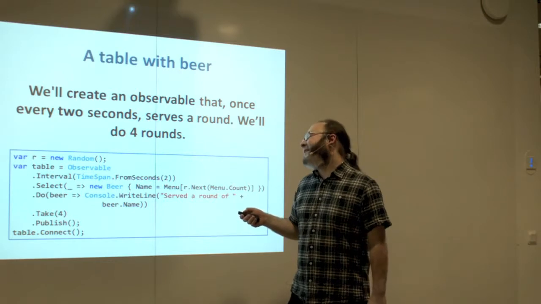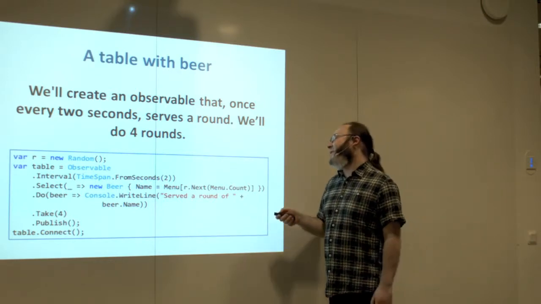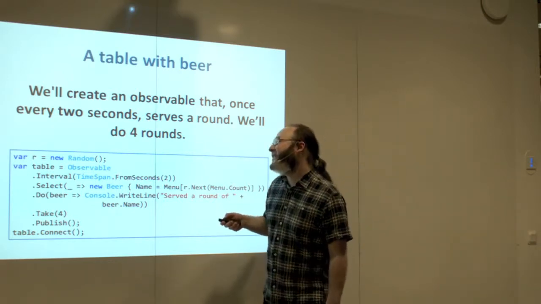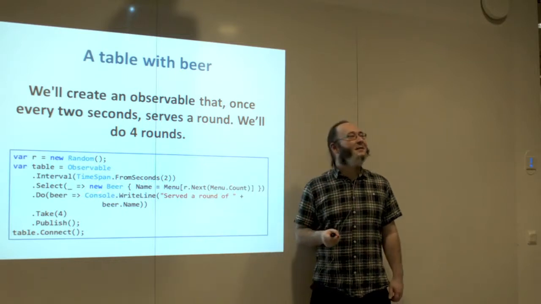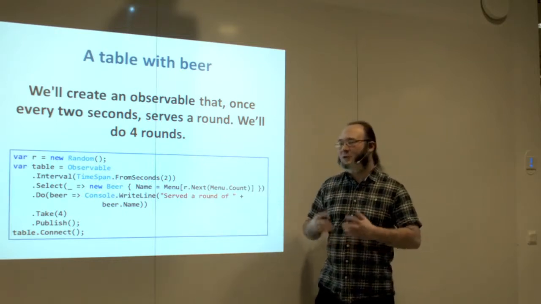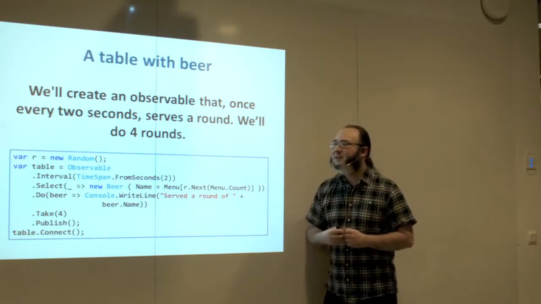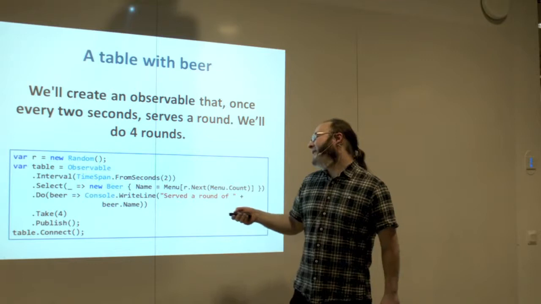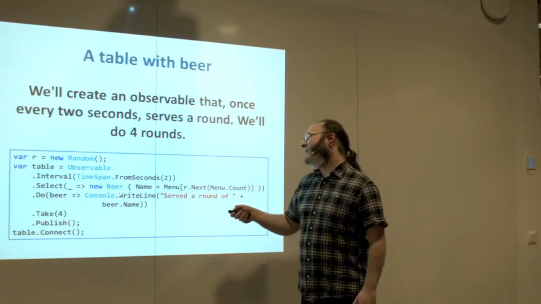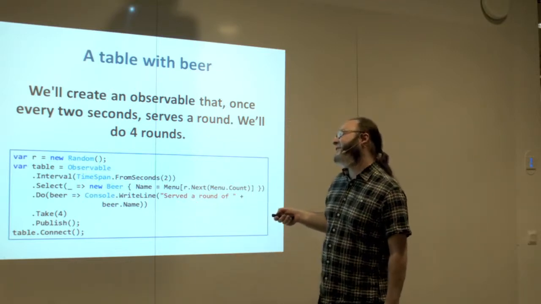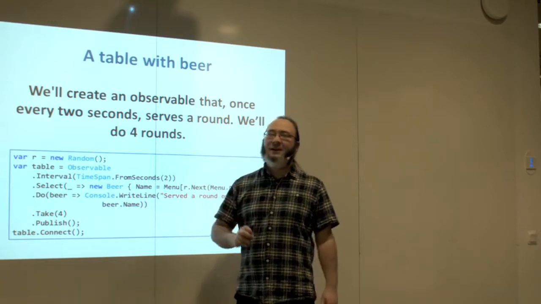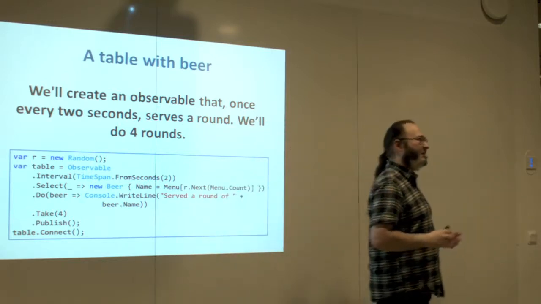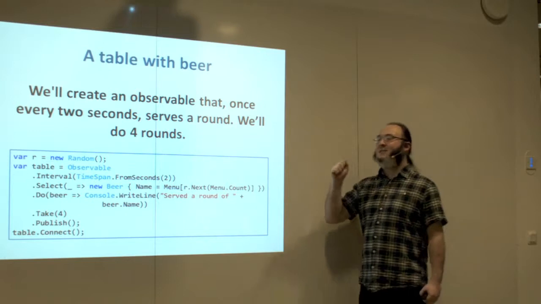But of course we're not really picking here, well, we sort of are, but this is the waiter's view of it. Every so often, more than 2 seconds, but every so often, the waiter is going and saying, oh, I'll pick this one. And they go off to the table and they're going to serve a round of this. Now, Do is something that essentially lets us serve a little side effect in there.